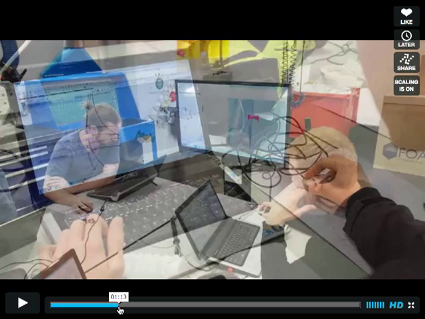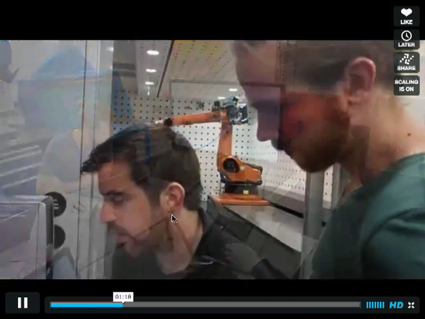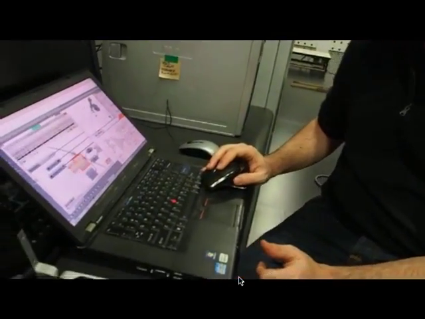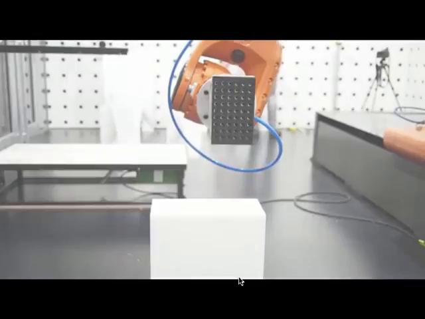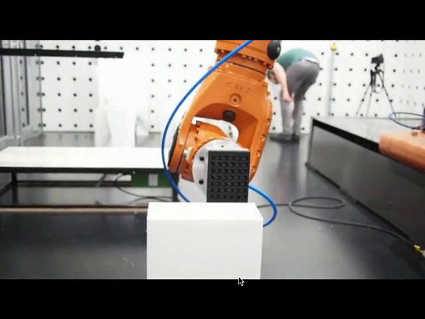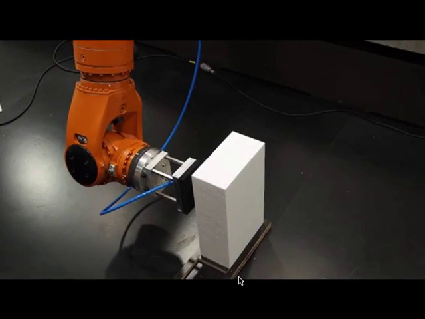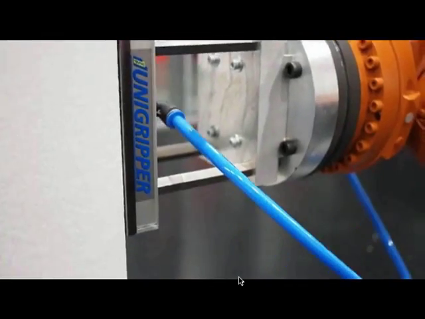Trying to fast forward. So here's their Grasshopper environment that they're playing with. Yeah, it looks familiar. And so they can simulate what the robot's doing so that they know to get out of the way of it when it's doing it. You don't want it to cut you with the hot wire.